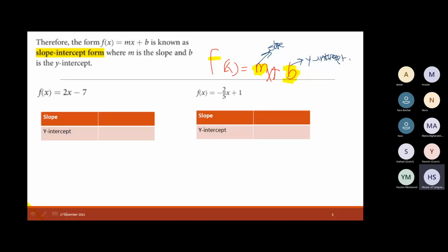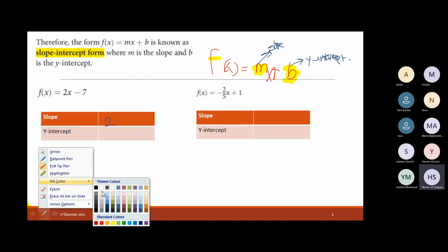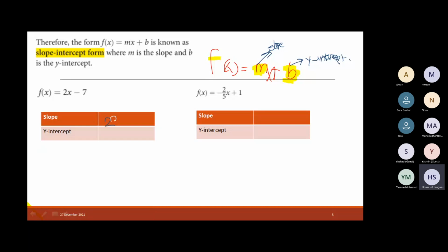Now look at the first one here: 2x minus 7. Where's the slope? 2 only, the coefficient of x. So the slope here is 2. The second one, what is the slope here? Negative 2 over 5.